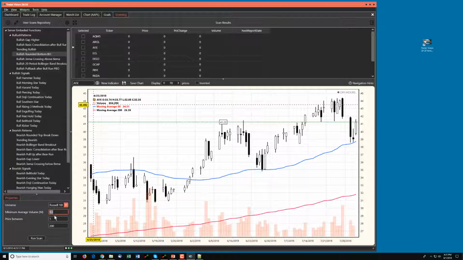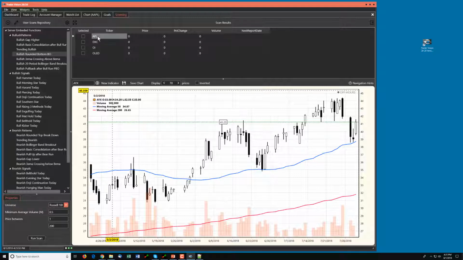So 0.5 means that I'm looking for 500,000 shares per day on average that a stock trades. I'm also looking for price to be between $1 and $200. That's it. I picked a scan, I picked a universe, I picked a minimum average volume and a price range, and I click run the scan.